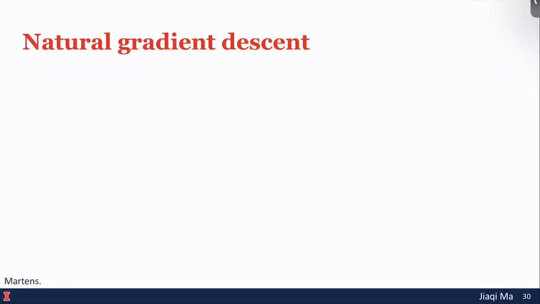Okay, now we're going to move on to another method. This is also something coming from second order optimization, called natural gradient descent.